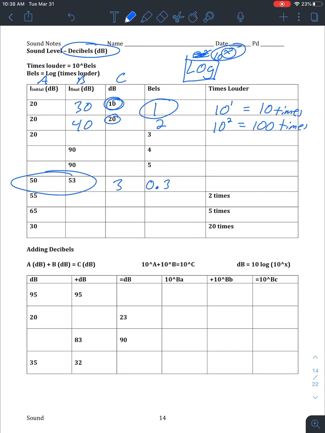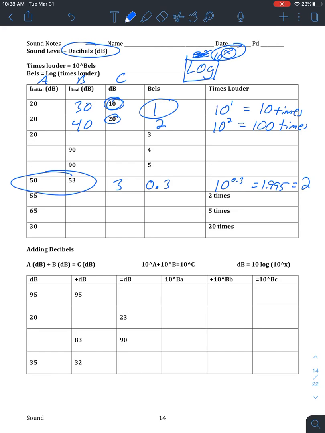With my calculator, I have the cheaper version, I have to hit 0.3 and then that second log button. You might have to hit the second log button and then 0.3. So it's just going to be 10 to the 0.3, which will give us about 1.995, I believe. And that's going to be about 2 times as loud.